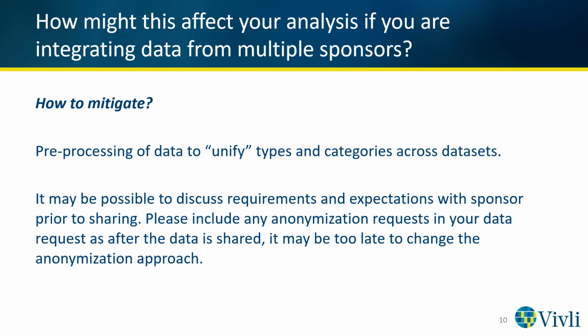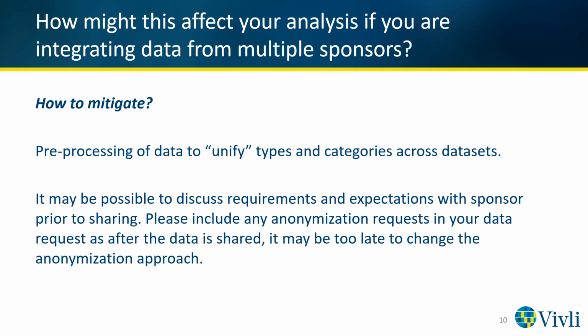How might this affect your analysis if you are integrating data from multiple sponsors? There are ways to mitigate those issues. One is to pre-process the data to introduce some unification of types and categories across the dataset. But it may also be possible to discuss requirements and expectations with sponsor prior to sharing.